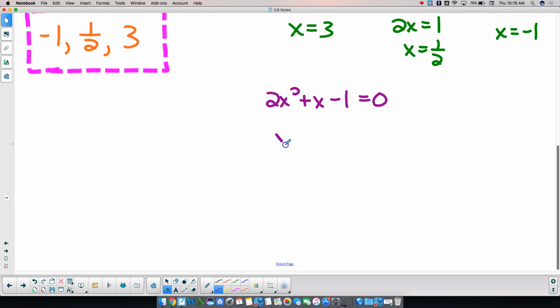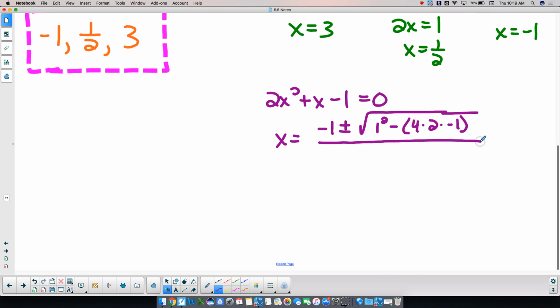And you would have said that x is equal to negative 1 plus minus the square root of 1 squared minus 4 times 2 times negative 1, all over 2 times 2. 1 squared is 1. 4 times 2 times negative 1 is negative 8. 1 minus negative 8 is 1 plus 8, which is 9.